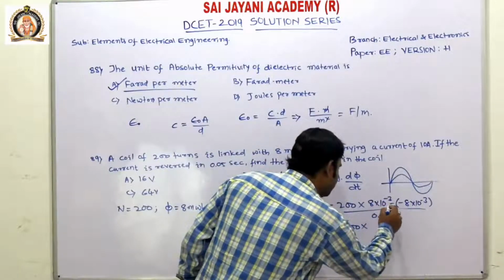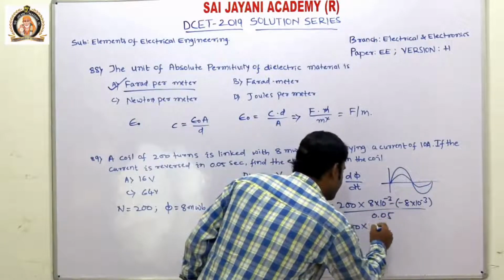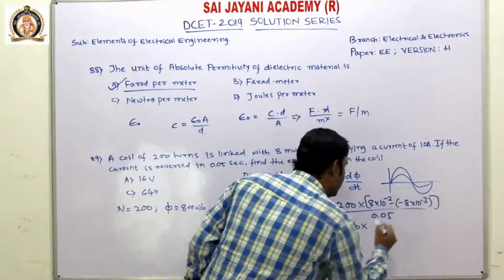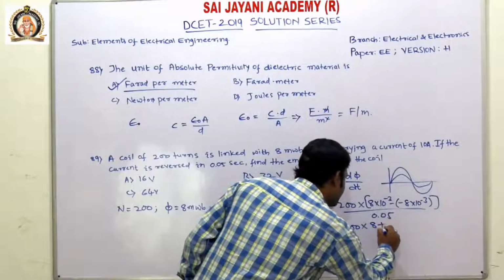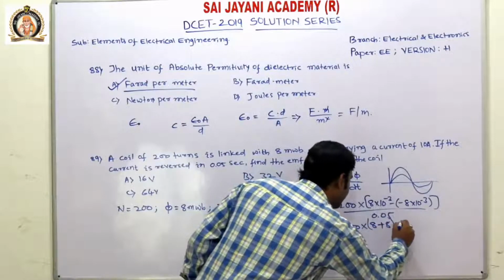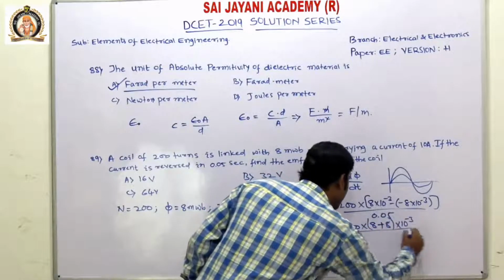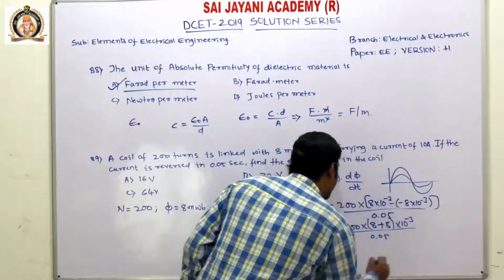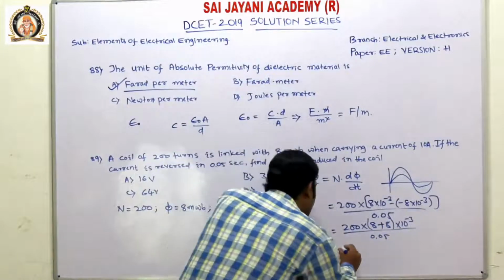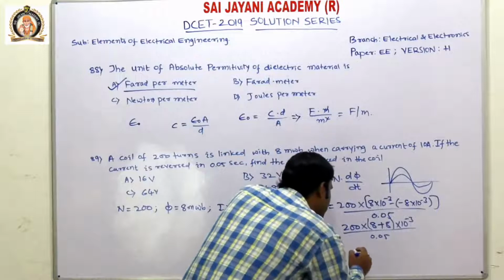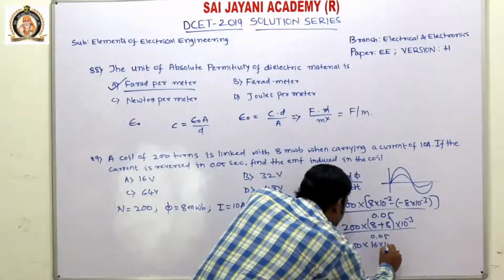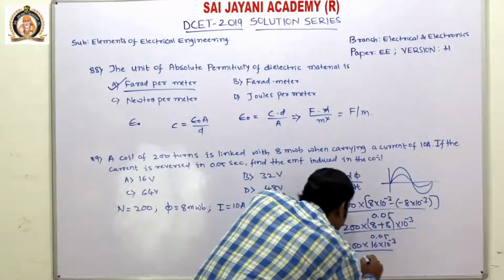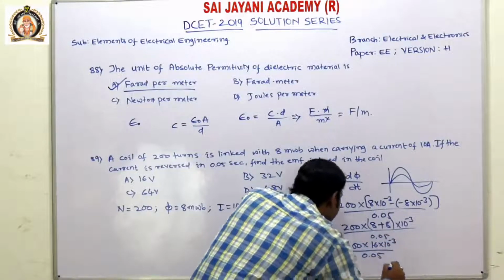So this will be 200 into 16 into 10 raised to minus 3 divided by 0.05.